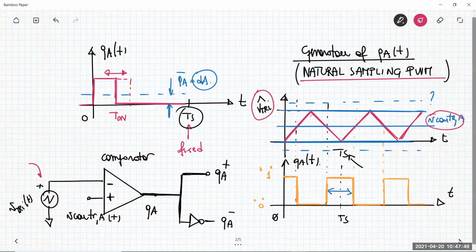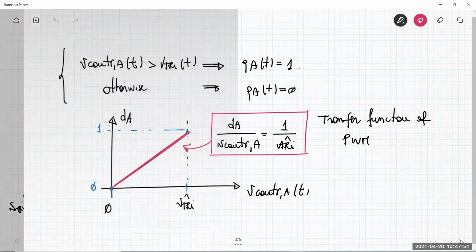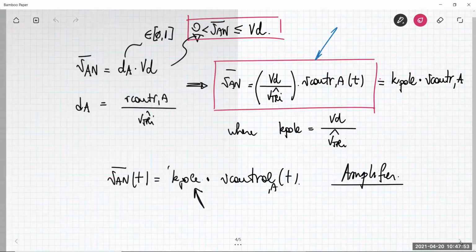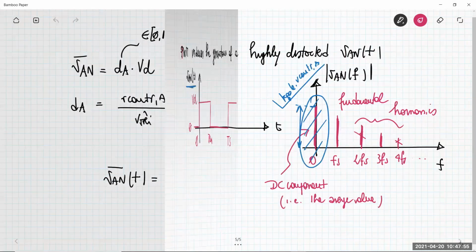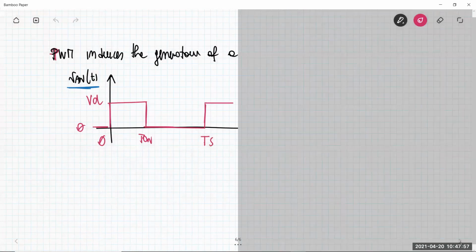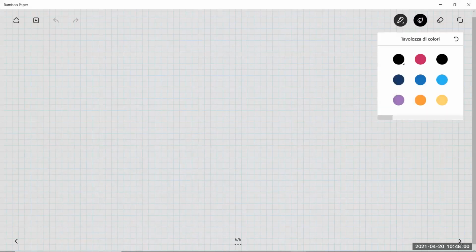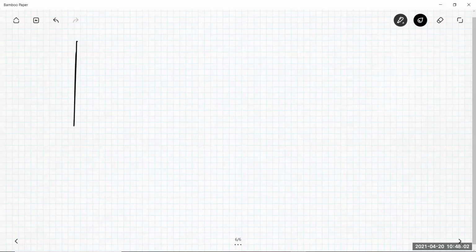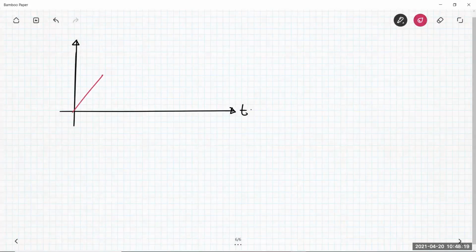But I can generalize this discussion a little bit by considering that I can also have a control voltage which is not constant. So all the analytical relationships that I found before can also be valid if you have something which is not exactly constant as a control voltage.